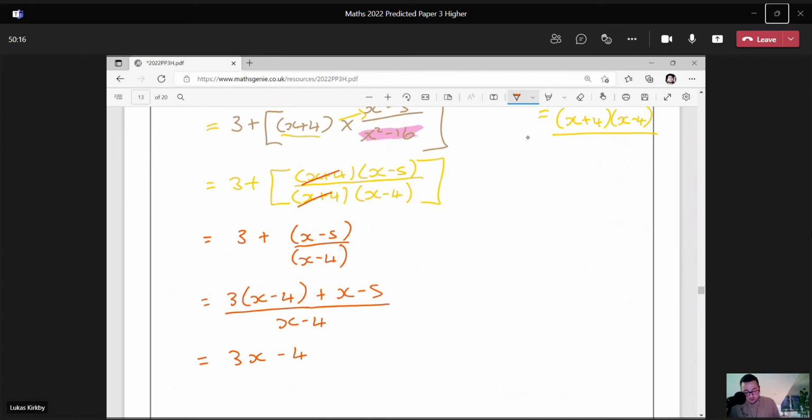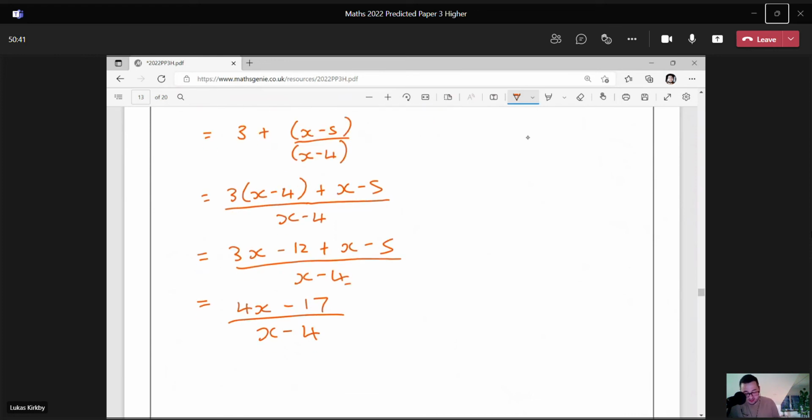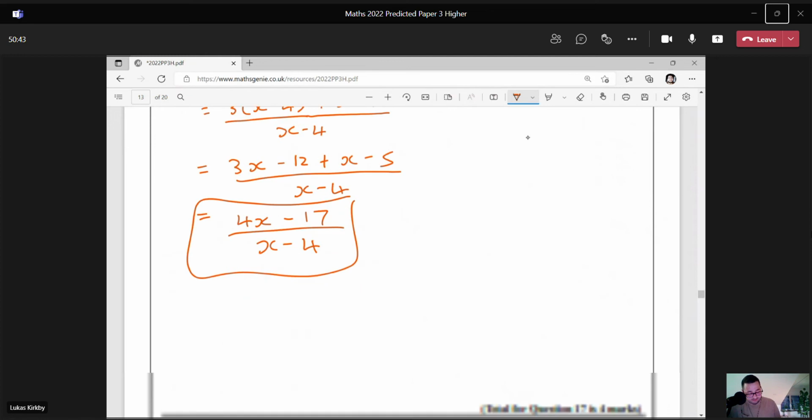Sorry, I've not expanded that properly. So 3x minus, 3 times 4 is 12 over x minus 4. And then that is going to give us 3x plus x is 4x. Minus 12 minus 5 is minus 17 over x minus 4. And that's our answer. That's how they want it.